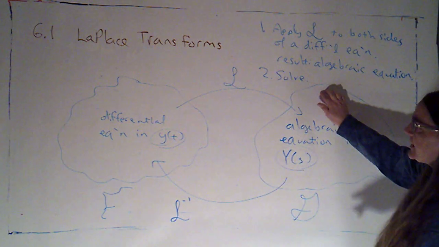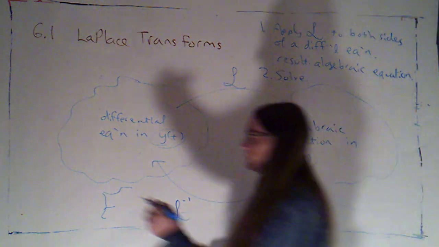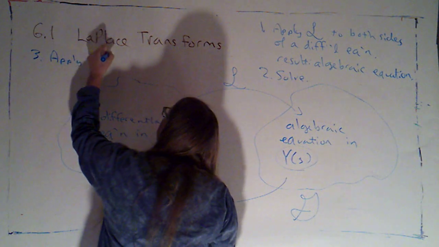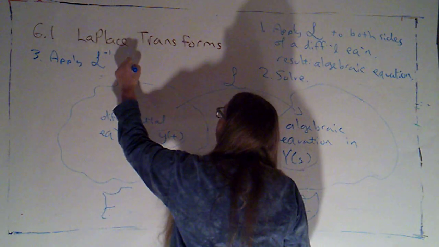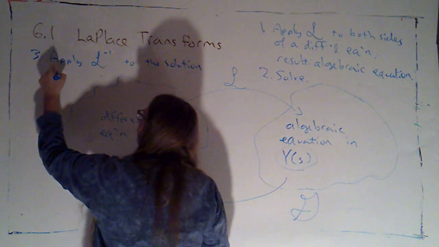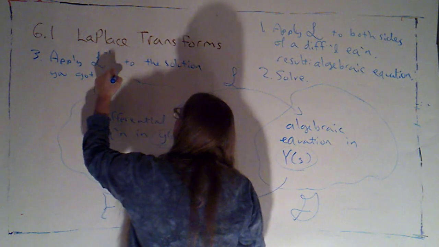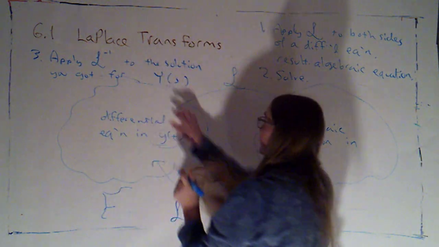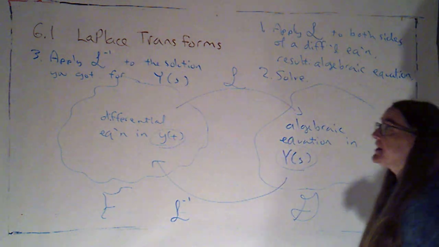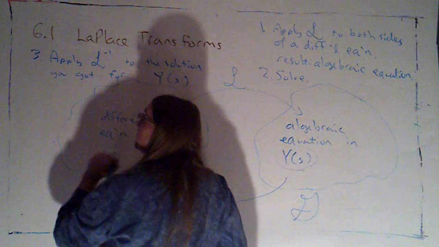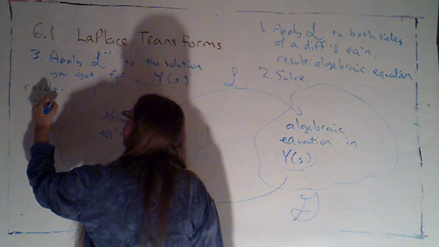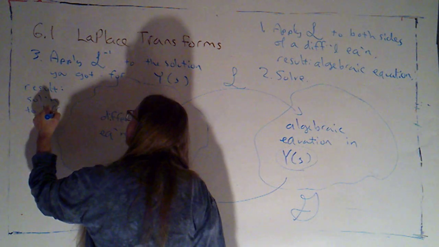So step 3, and I'm running out of space here, so I'm going to move over and write step 3 over here: apply the inverse Laplace transform to the solution you got for Y of s. In other words, we found the function that was the solution to this algebraic equation, and that result is the answer to our differential equation. So that's going to be our solution to the differential equation.